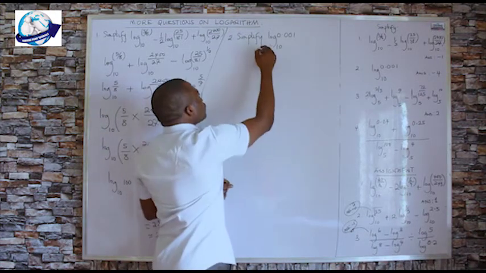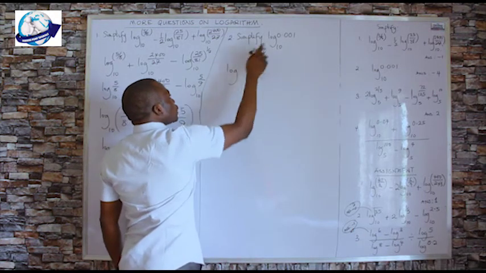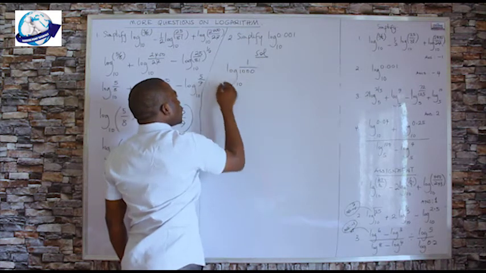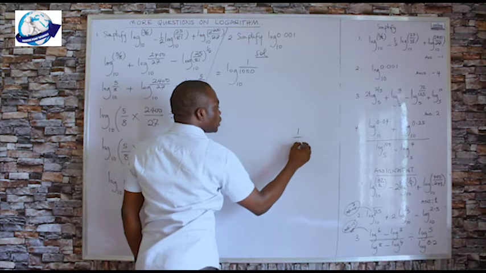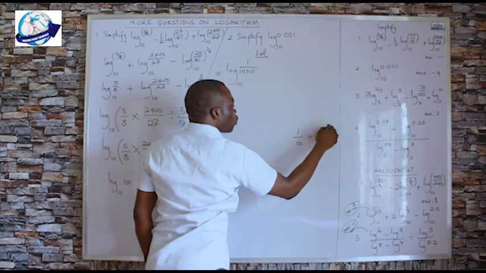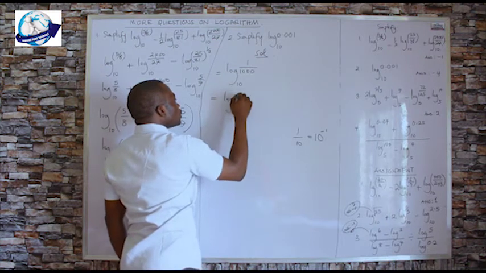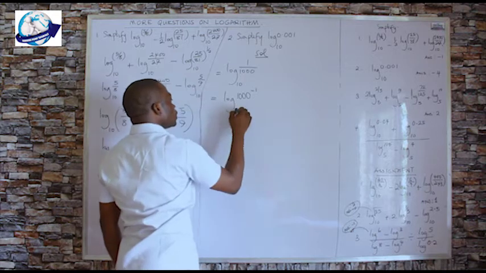So this thing can be written as logarithm 1 all over 1000 base 10. In other words, how can you write this now? Don't forget that 1 over 10 is the same as 10 raised to the power of minus 1. So that means this is actually logarithm 1000 raised to the power of minus 1 base 10.